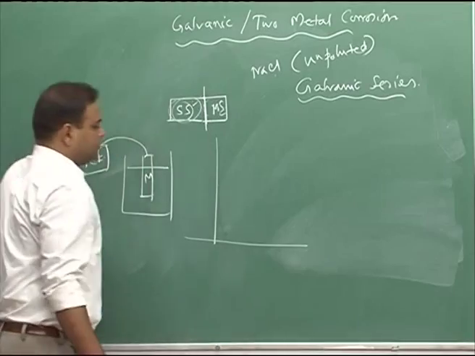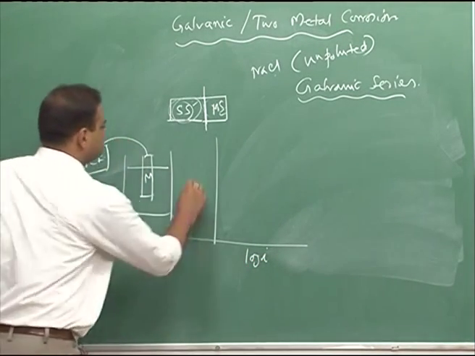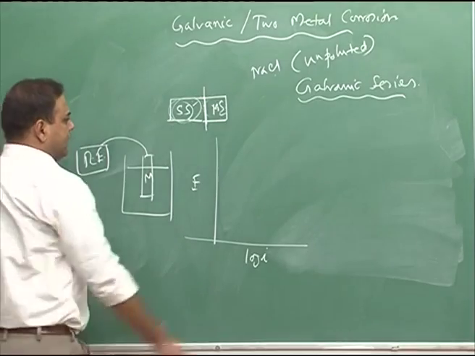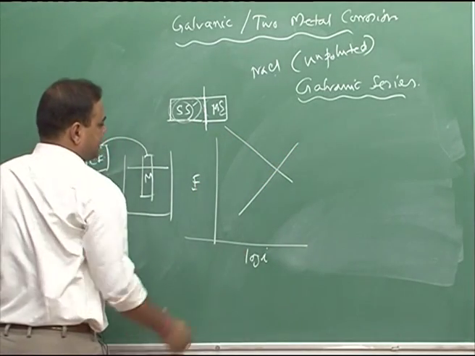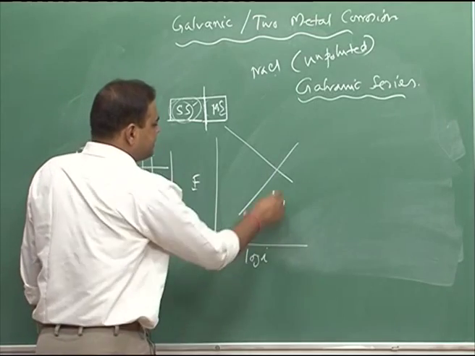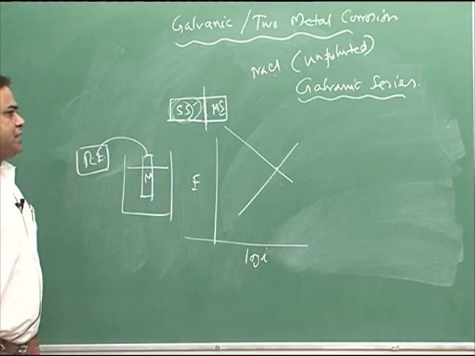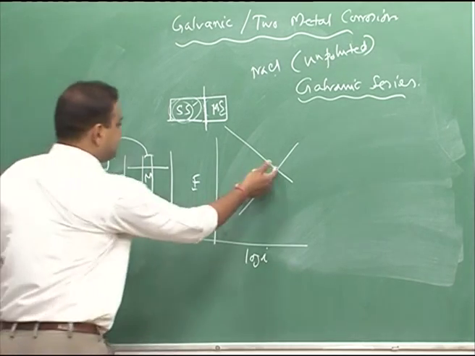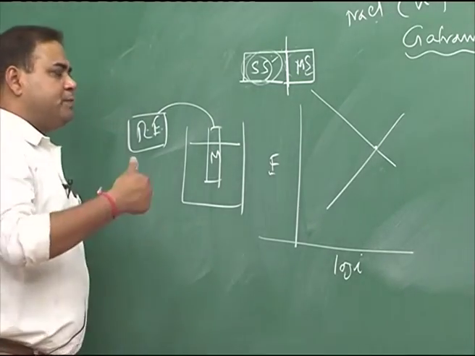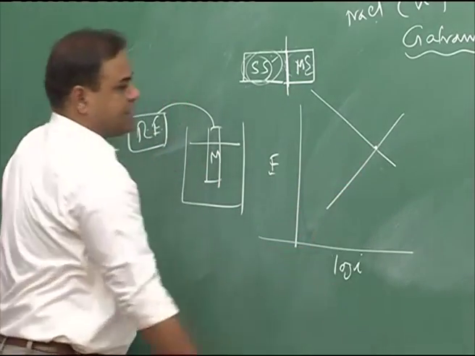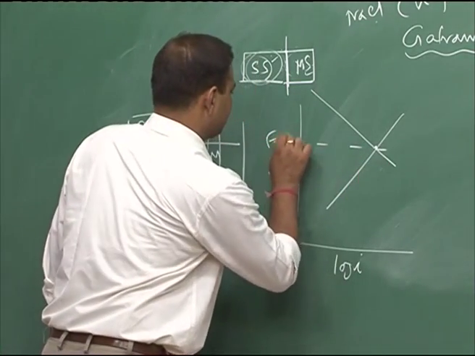With respect to mixed potential theory, in a log I versus potential plot, the cathodic polarization line and anodic polarization line cut at a particular point, the equilibrium point, where the rate of the cathodic reaction is equal to the rate of the anodic reaction. So, this is my free corrosion potential.